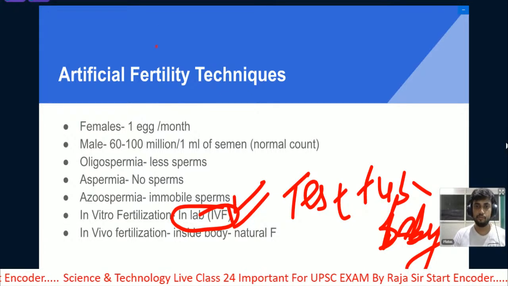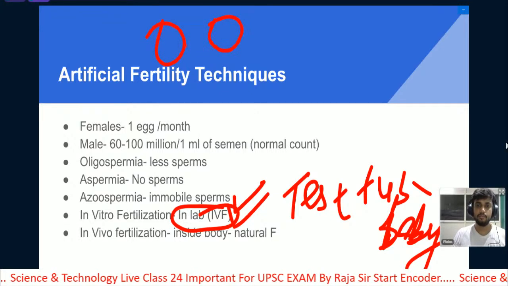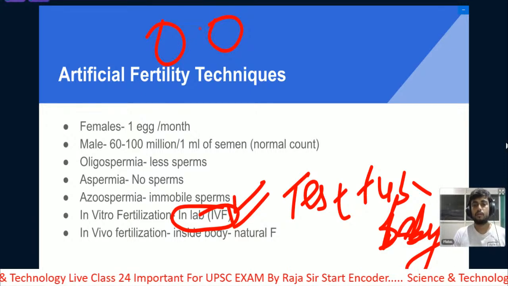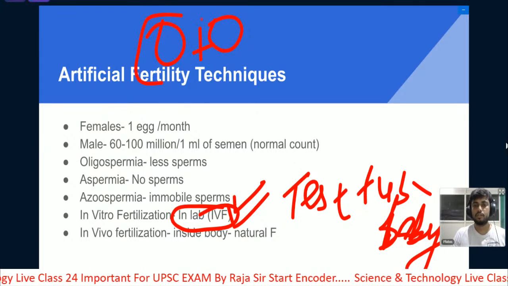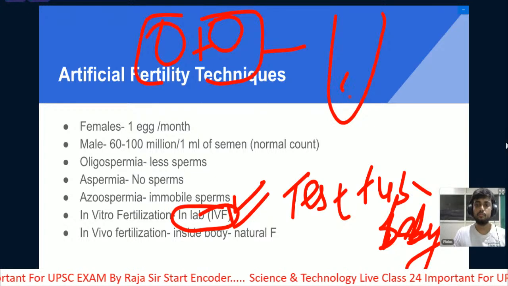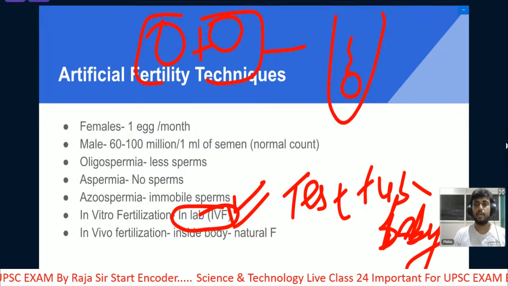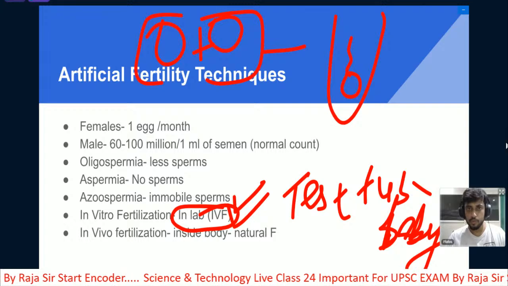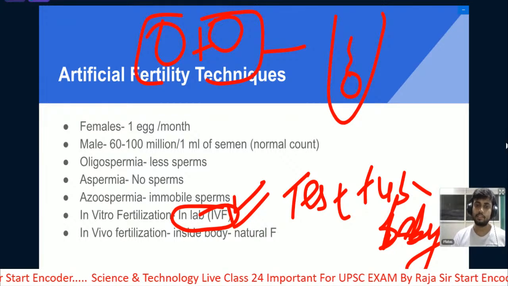Fertilization is simply the fusion of the sperm and the egg. Okay, so we are achieving this fusion inside a test tube, so that is why it is in vitro fertilization.